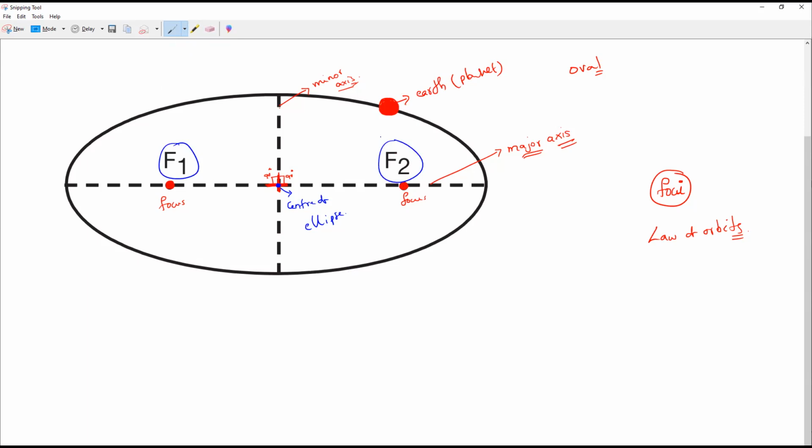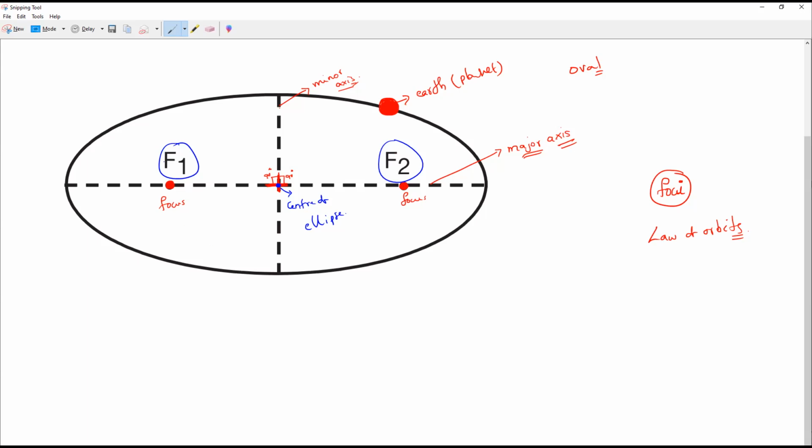That is Kepler's first law of planetary motion: planets revolve around the sun in different elliptical orbits, and the sun is located at one of the foci of the orbits.